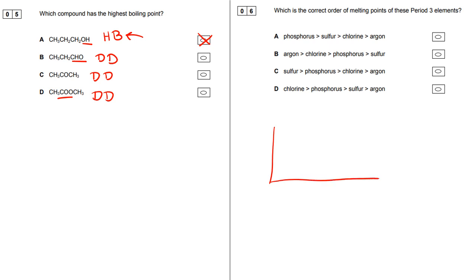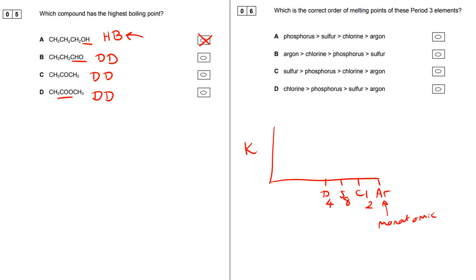You've got your period 3 metals, you've got silicon, which is macromolecular, and then you get down to phosphorus, sulfur, chlorine and argon with their melting points in Kelvin or degrees Celsius, doesn't matter. So phosphorus exists as P4, sulfur exists as S8, chlorine exists as Cl2, and argon again is monatomic there.